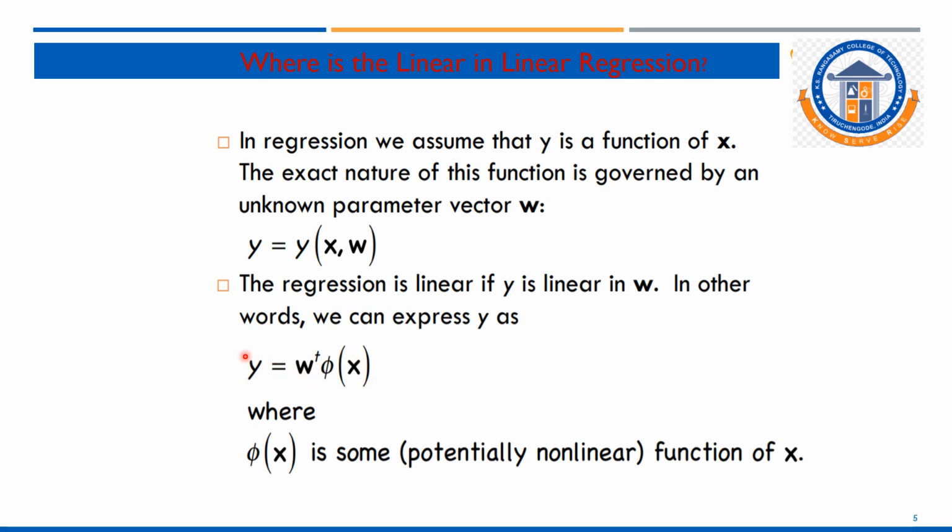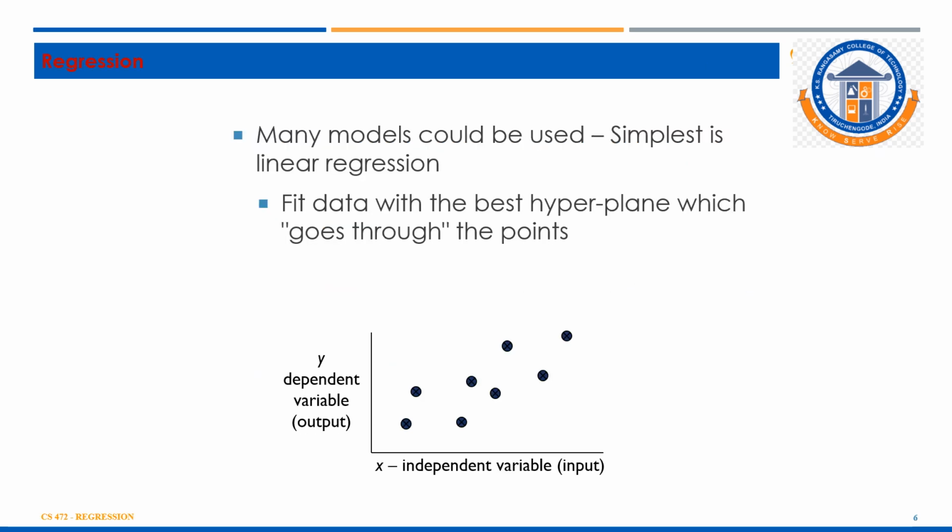Sorry, y is a dependent variable, dependent on the input x. Here, x is an independent variable, which are all our inputs, and y is a dependent variable, our outputs. So these are the data points that map the independent variable and the dependent variable.